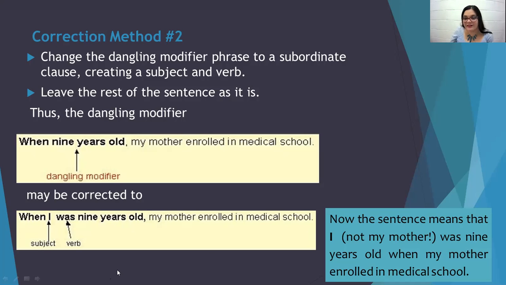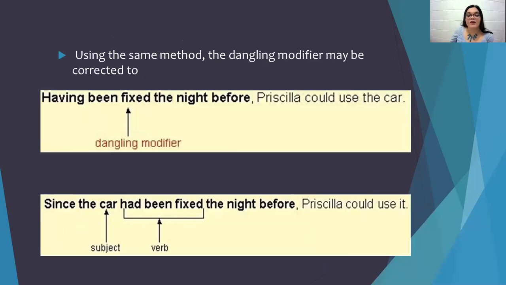Now the sentence means that I, not my mother, was 9 years old when she started med school. Using the same method, "Having been fixed the night before, Priscilla could use the car" can be improved to "Since the car had been fixed the night before, Priscilla could use it." Now it's different. We made this one a clause.